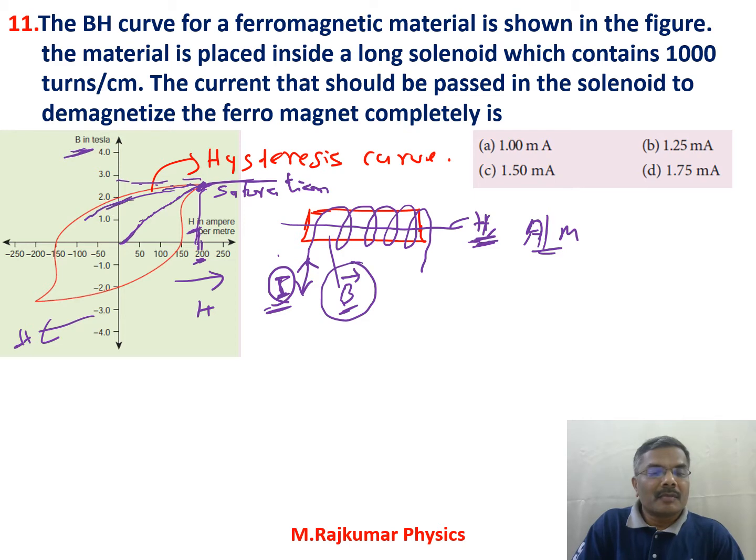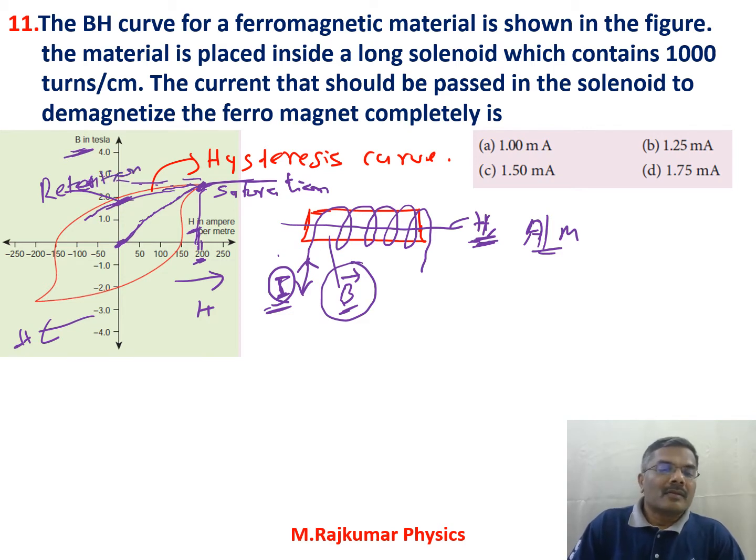At this point, even though H is 0, this magnetic induction of the magnet is not 0, it is 2 Tesla. This amount of magnetism is there, and that is called retention or retentivity.